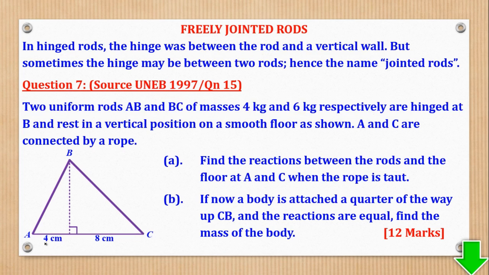So this is the good thing here, they have given us the sketch. So next is to show the forces in that sketch diagram. So let's do that. So we are going to first redraw what was given.